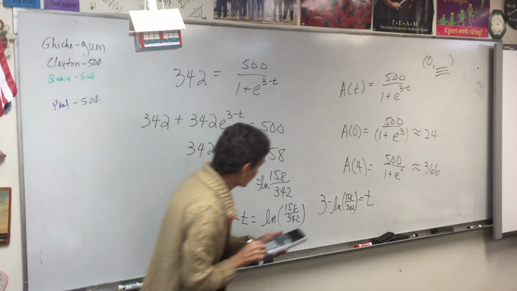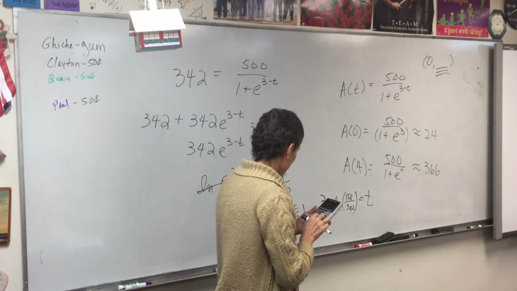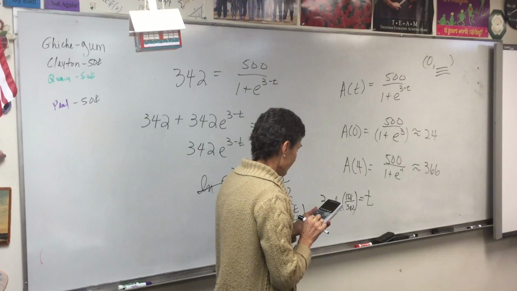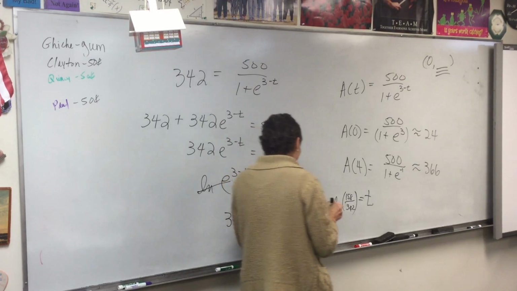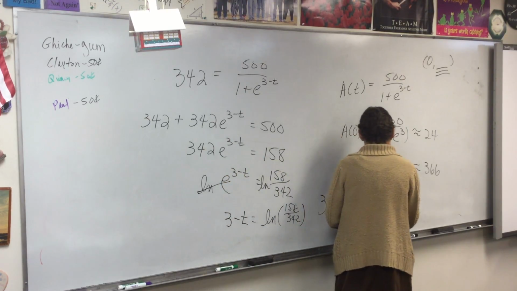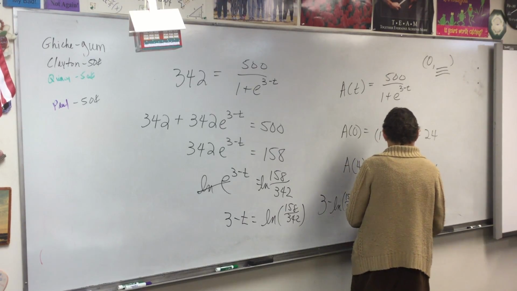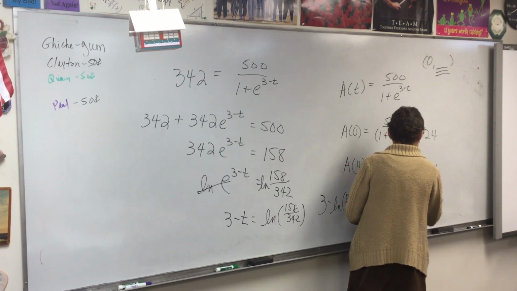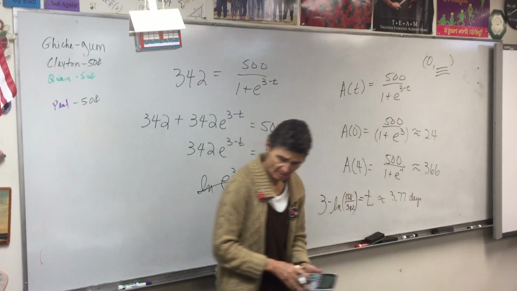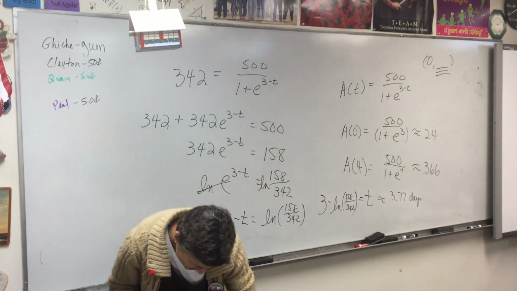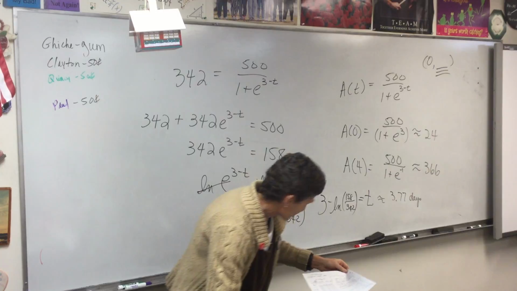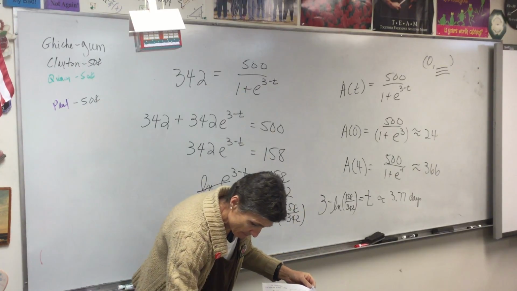So 3 minus ln 158 divided by 342. I got about 3.7 days, or hours. I can't remember, days, years. What's the days? So 3.77 days.